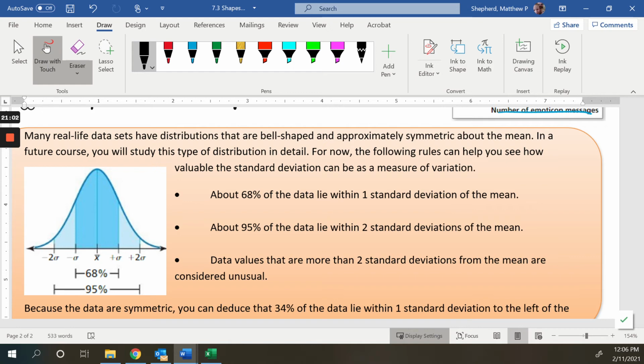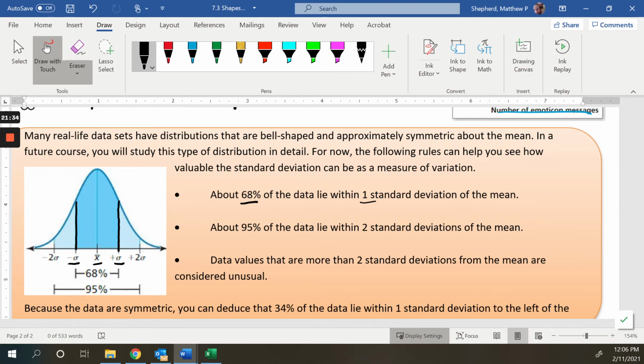So first off, remember that this symbol sigma represents one standard deviation. X with a bar represents the mean. So 68% of all responses tend to lie within a single standard deviation. That would be this dark blue area. 68% of responses will fall in there, meaning that they're either from one standard deviation below or one standard deviation above.